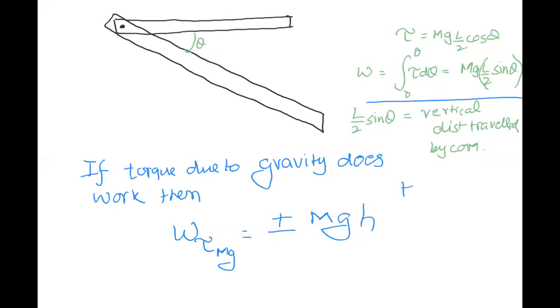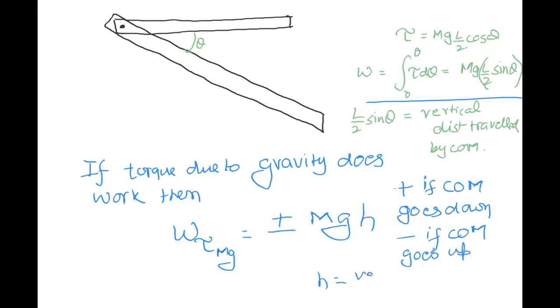So it will be plus, this is exactly like before, if COM goes down, minus if COM goes up, and h is the vertical distance between the initial and final points of center of mass.